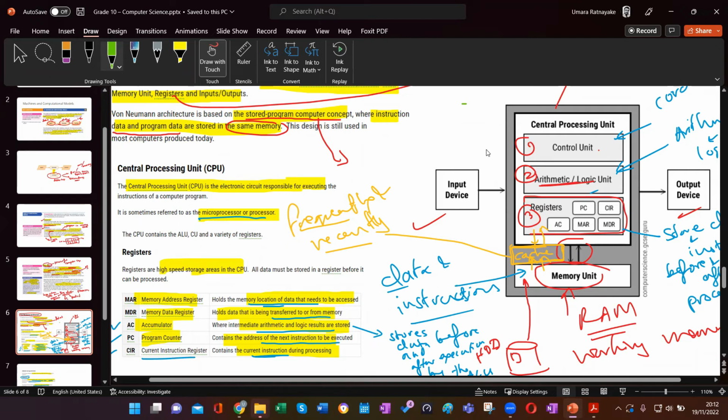Now, even for the control unit to send control signals, it can't do it on its own. There should be something to synchronize this whole thing. Let's say for you to work, your brain should give signals: now wake up, now attend this class, now you ask for the link, now you check whether the previous link is working.